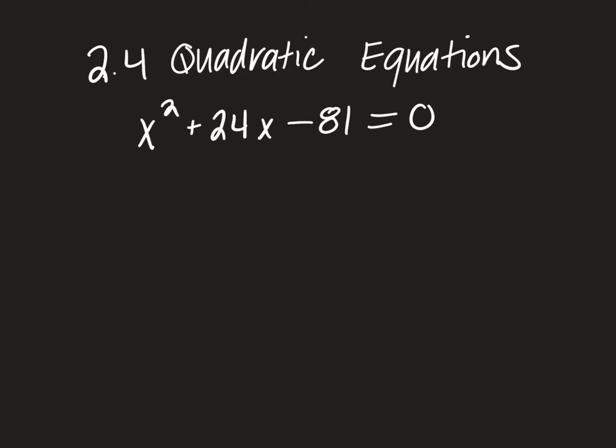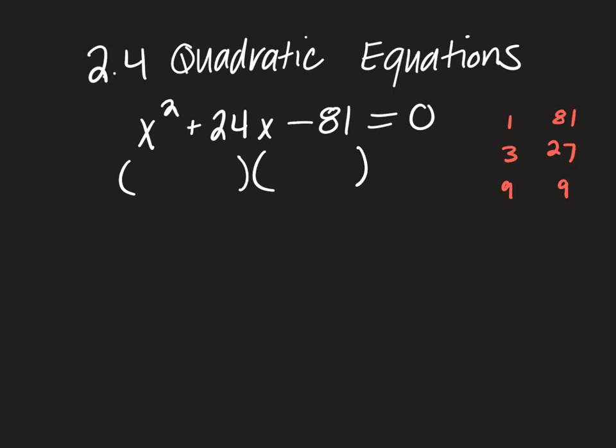When we're doing this method, we always have to have our equation set equal to 0. And then we're just going to take this polynomial here on the left and factor it. In this case, we're looking for factors of 81 that are going to add up to 24. So our factors of 81 are 1 and 81, 3 and 27, and 9 and 9.